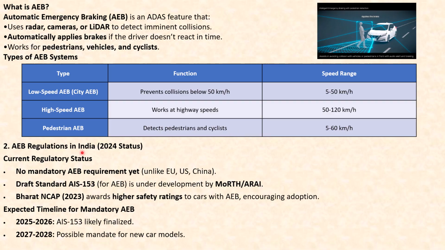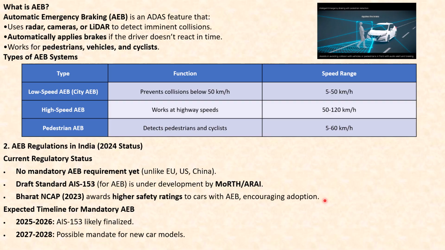Now, when it comes to AEB regulations in India, the current regulatory status is that there is no mandatory AEB requirement yet, unlike Europe, US, China. And coming to draft standard AIS 153 for AEB, this is under development by ARAI, Automotive Research Association of India. Now coming to Bharat NCAP, it awards higher safety ratings to cars with AEB, encouraging adoption.